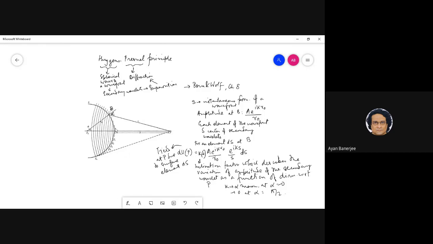Okay, so sir, what differs by lambda by 2? So basically, let me just write this down. Let me first write down the total field.